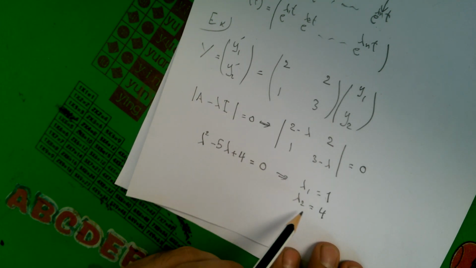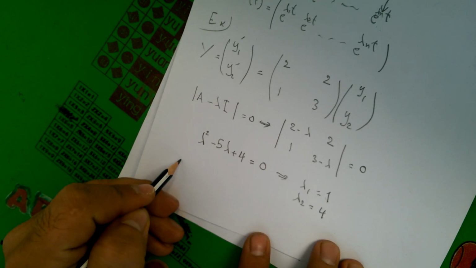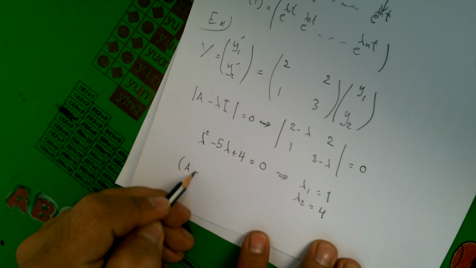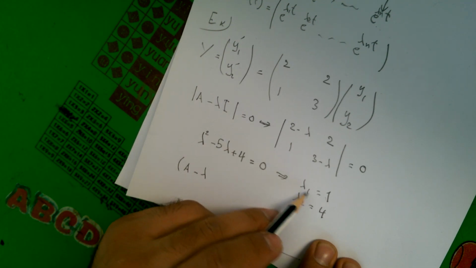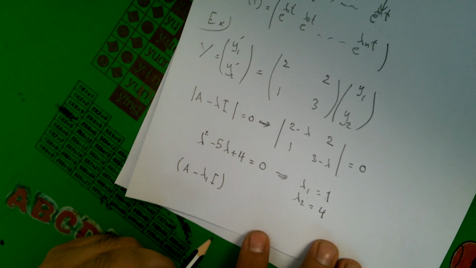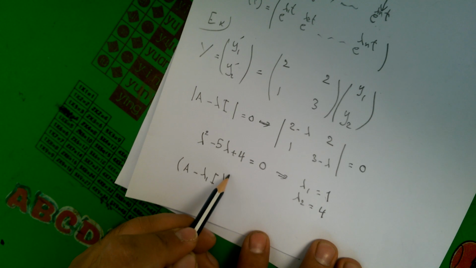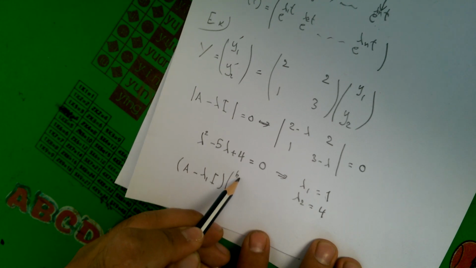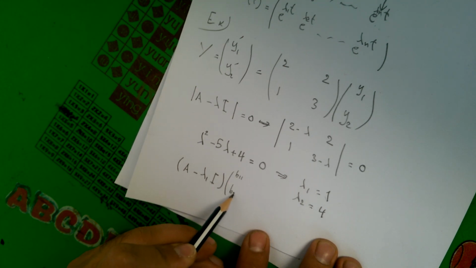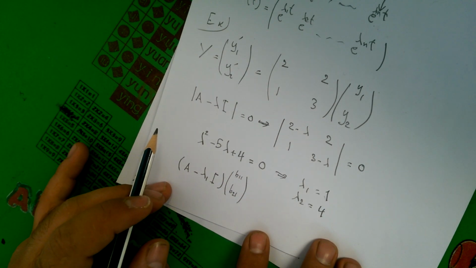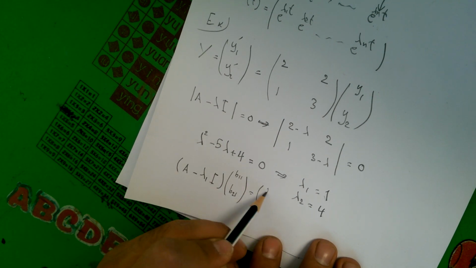For finding the eigenvectors, we have a formula: the matrix, not the determinant, A minus the lambda we work with, lambda 1 I, times an arbitrary vector, let's say b11, b21. It is just a name, you can take any letter, and it is equal to 0.